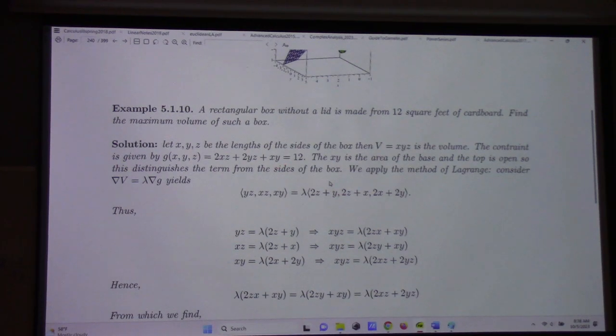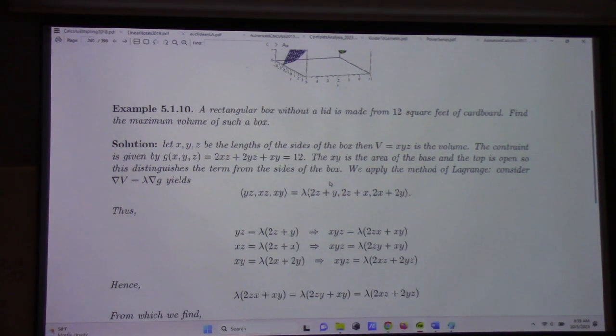Do you see why that would be the formula for the area of the cardboard used? There's no lid, right? So if this is x, this is y, and this is z, you've got xy on the bottom.